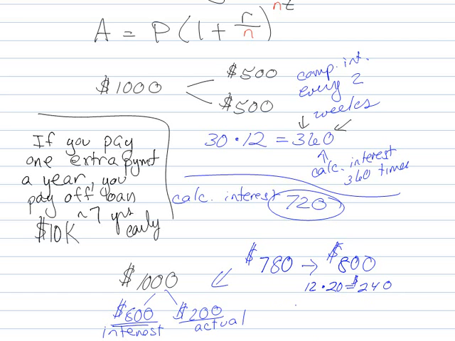That's like half an extra mortgage payment. So maybe you won't pay it off 7 years early, but maybe you'll pay it off 2 or 3 years early. By the time you're making a $780 mortgage payment, rounding it up an extra $20 one way or the other isn't going to impact your life too much, but it can really impact your mortgage in a fantastic way because of the power of compound interest.